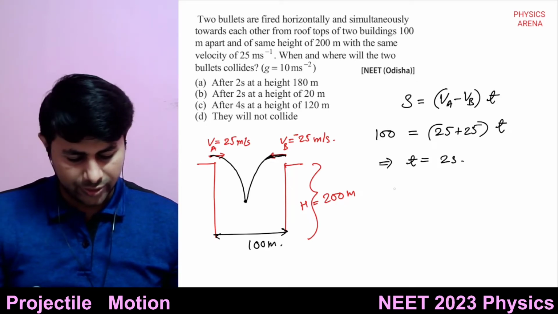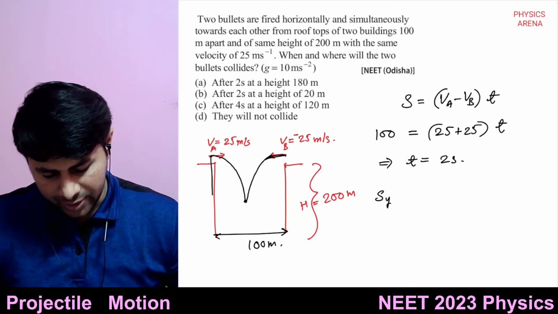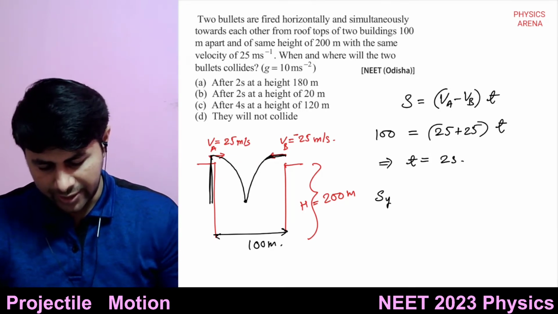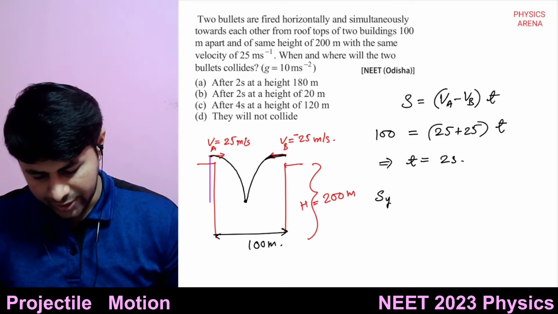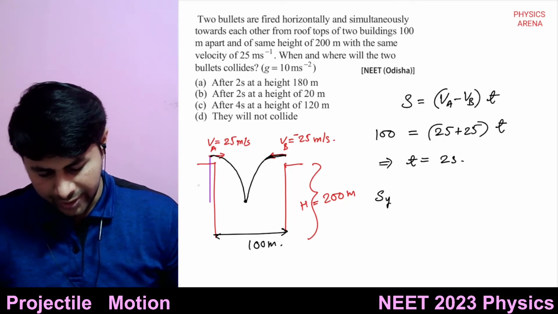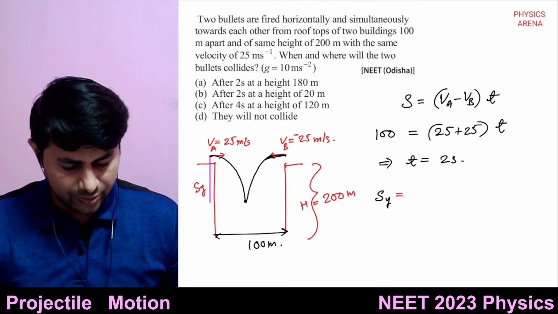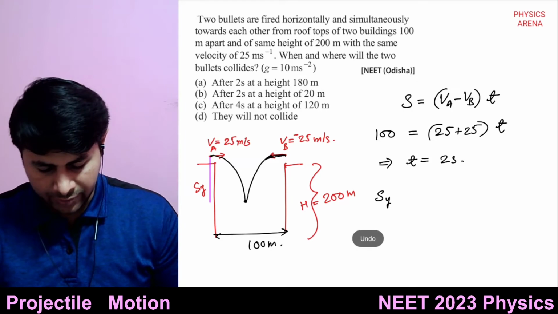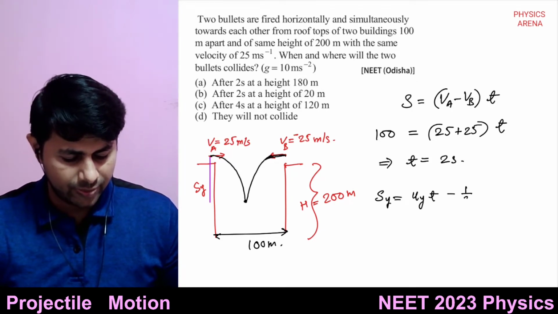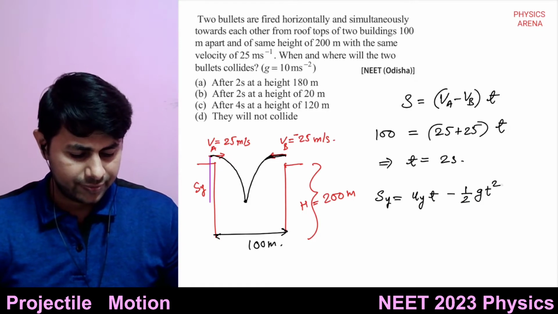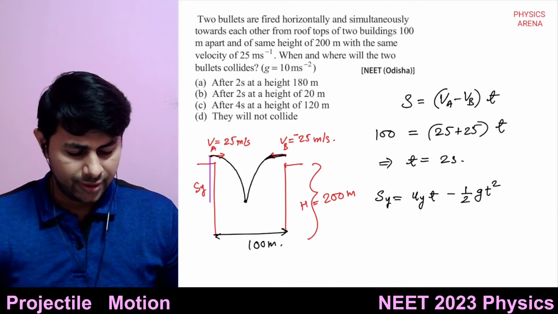So we can use this formula. Distance covered in y direction, let's suppose this much is the displacement in y direction. Let's call it Sy. How much would be Sy? Sy is equal to uy times t minus half of gt square, and uy is equal to 0. They are fired in x direction.